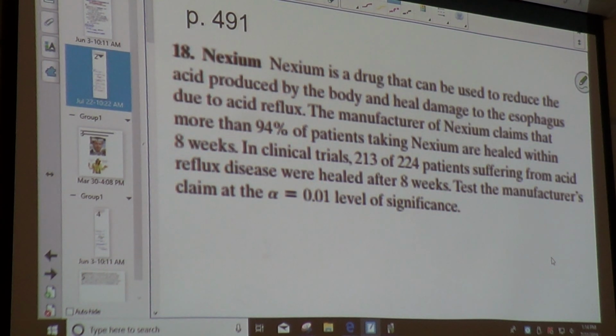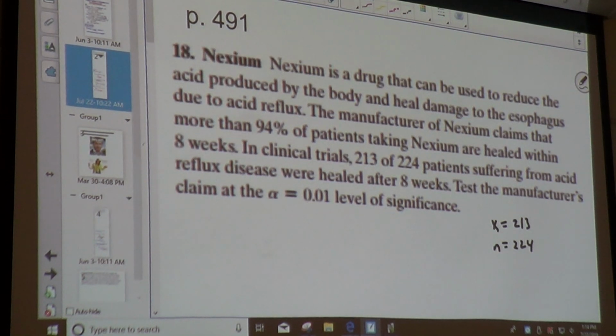In a clinical trial, 213 of 224 patients. Okay, what is the 213? The X. What is the 224? The N. So, X is going to be 213, N is going to be 224. Test the manufacturer's claim at the alpha of 0.01 level of significance.